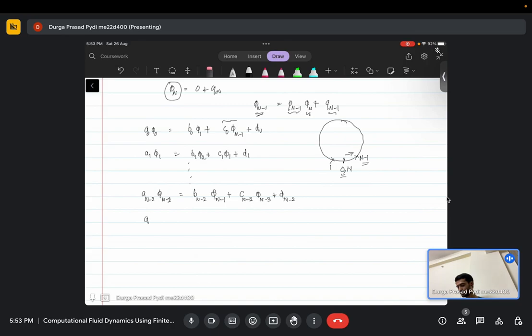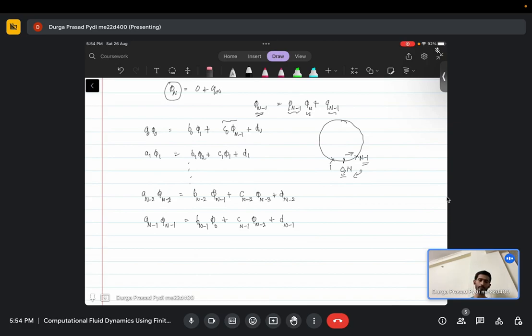And for the n minus 1 cell, if you go for i plus 1, that will give you phi n, which is essentially equal to phi 0, plus ci is cn minus 1, and for the i minus 1 cell, phi n minus 2, plus dn minus 1.